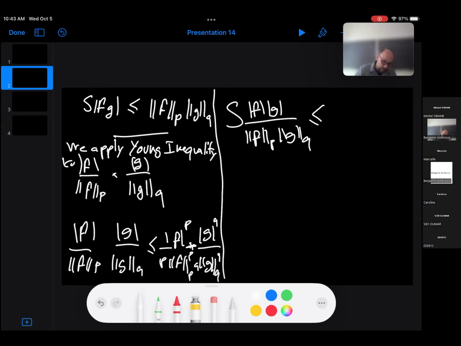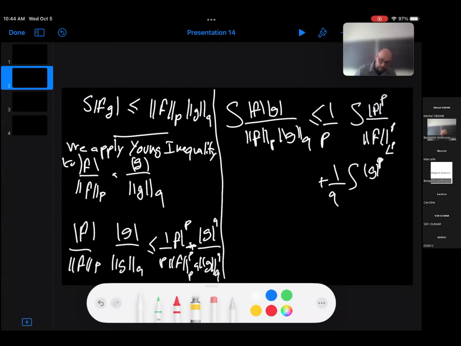So this is less than, now I take the integral, 1 divided by p integral of absolute value of f to the p divided by the norm in LP to the p plus 1 divided by q integral of absolute value of g to the q divided by the norm of g in LQ to the q.